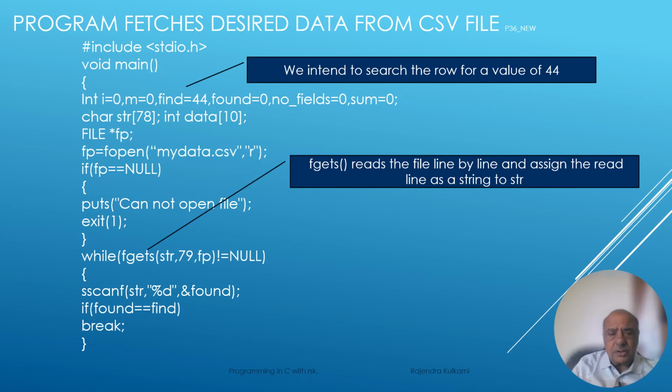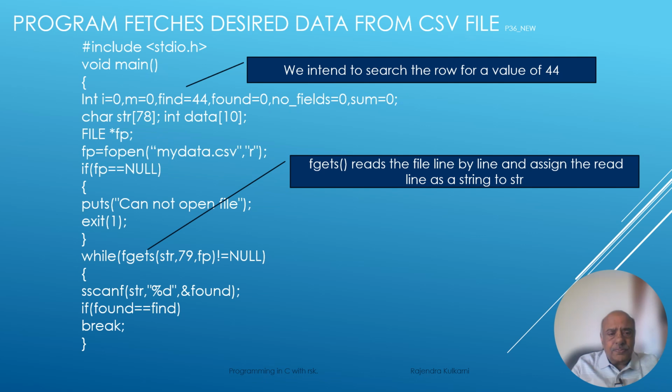Now what we have done is the number 44, which was available in str in the form of a string or characters or text, we convert in this sscanf function to the equivalent int constant, assign it to a variable found, then we compare found with our search criteria, which is containing the number 44 as an int value in the int variable find.